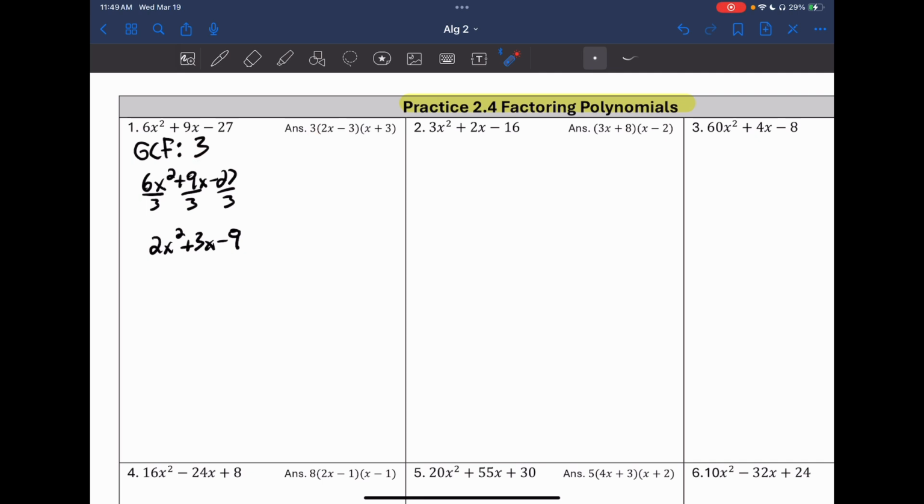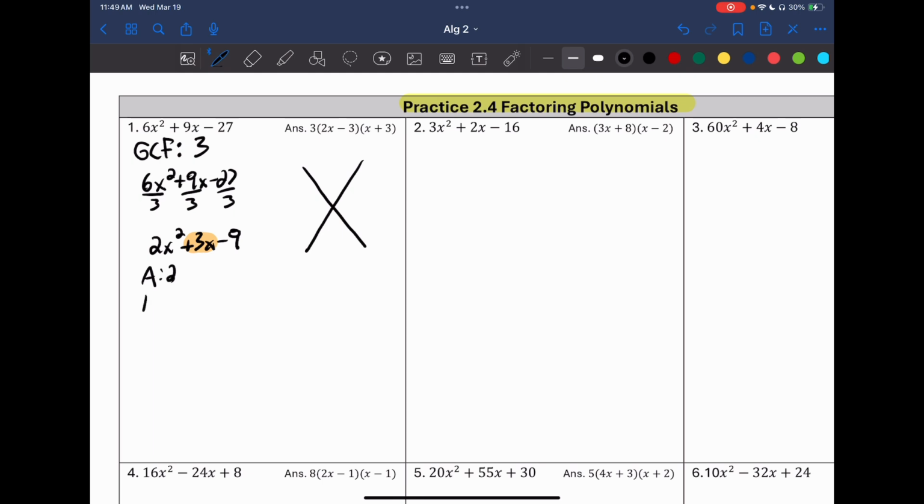All right. So if you remember to do this, you need to start by splitting up the b term into two different terms. And to figure out what terms we need, we're going to use the magic x. So actually, before we jump into that, let's label our coefficients.